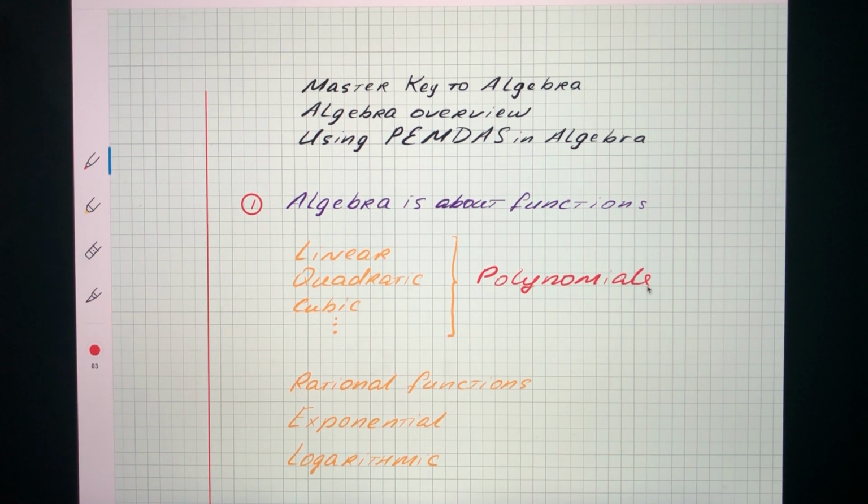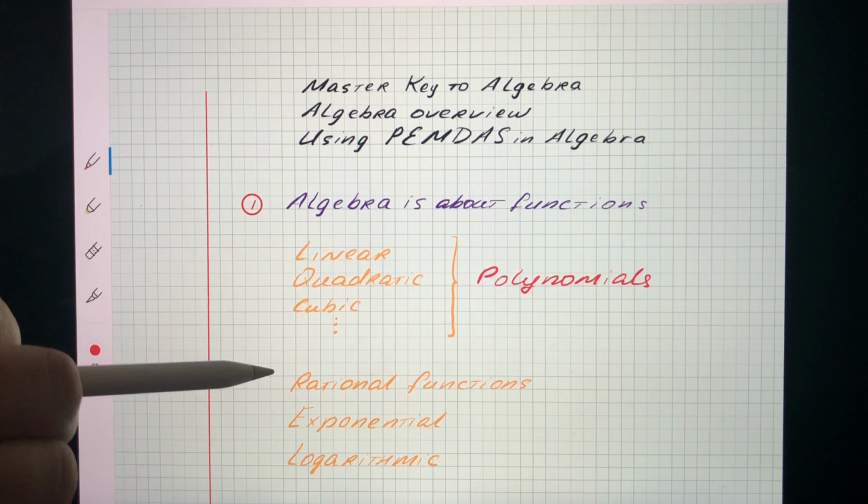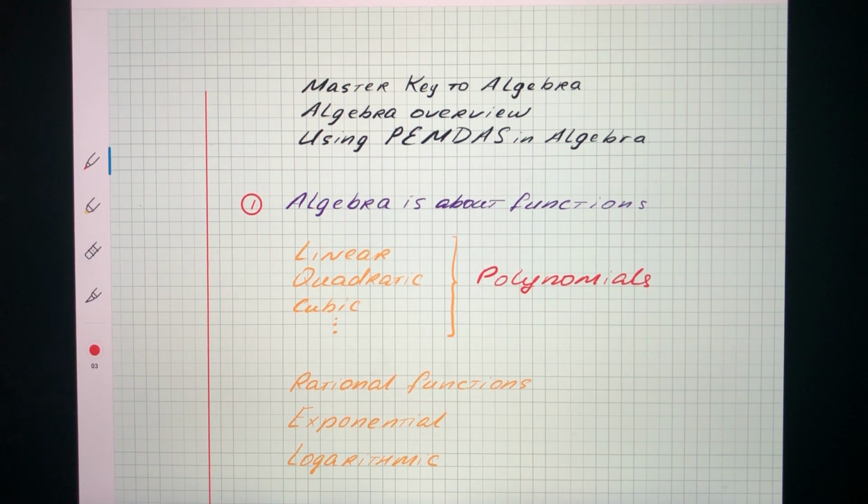Then we usually look at rational functions. The root here is ratio, which means fraction. So if we take two polynomials and divide them, make a ratio, a polynomial on the top and a different polynomial on the bottom, that would be called a rational function.